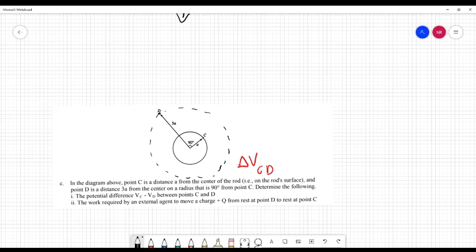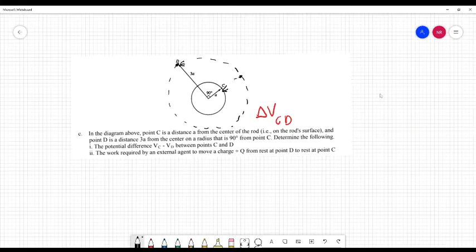So the potential difference between C and D is going to be the same as the potential difference between C and some other point over here on the same radius. So if we make it easier and make this point parallel to A, that would be somewhere over here. Now it's a lot easier to visualize how we would take our path integral.